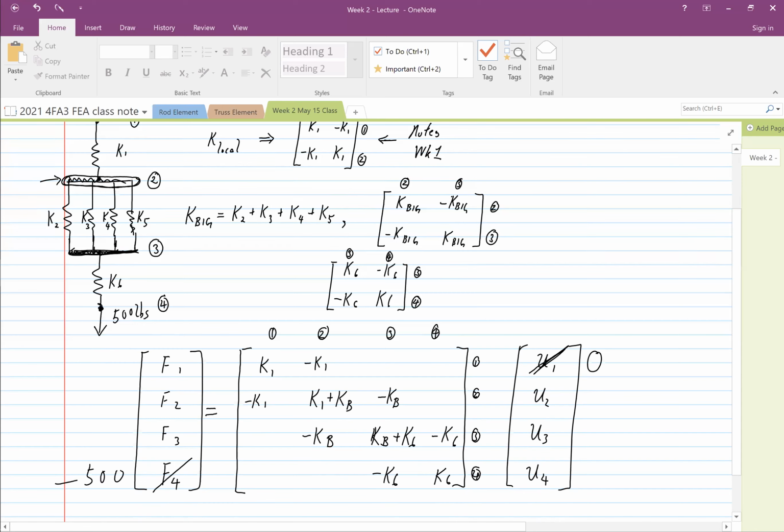Okay. What about F2 and F3? There isn't any force applied to it. There might be some internal force struggling between K1 and KB and K2, KB and K6, but there's no applied force on it. So it's 0. And finally, F1 is a reaction force attached to the wall or to the ceiling.